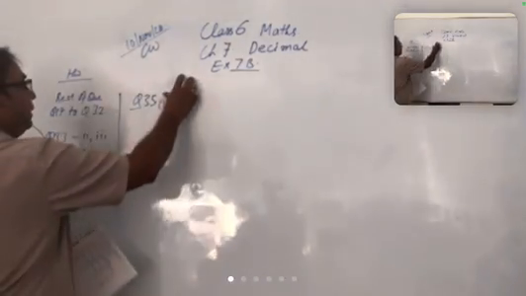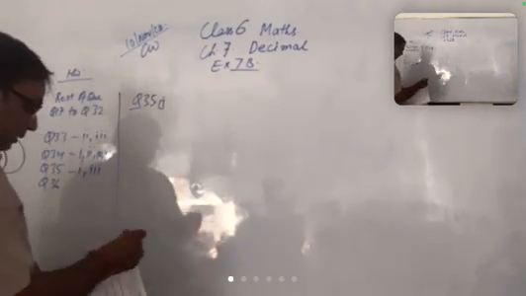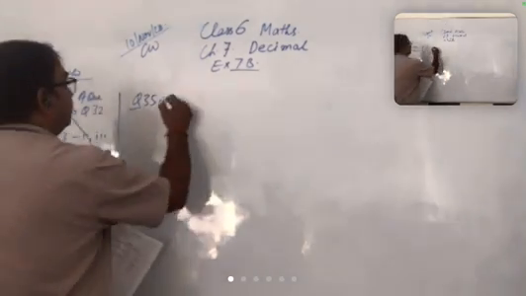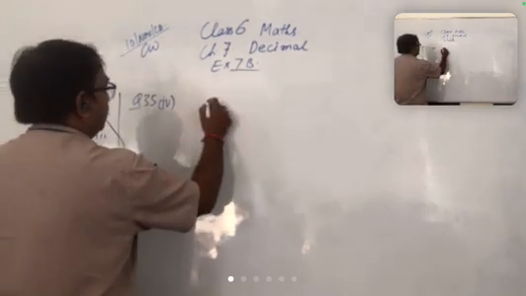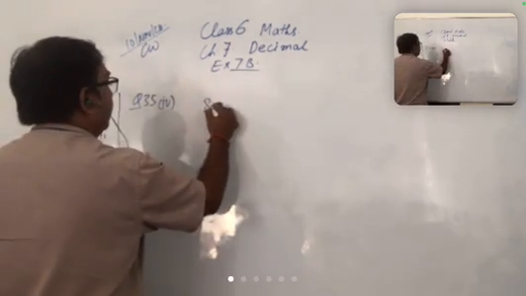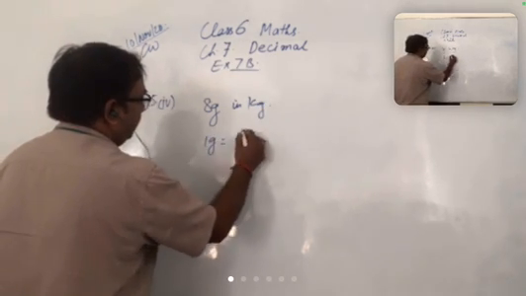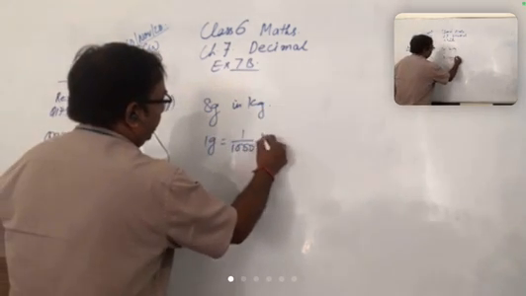Now the question number 35, fourth part. It will be 8 gram in kg, and we know that 1 gram is equal to 1 upon 1000 kg.